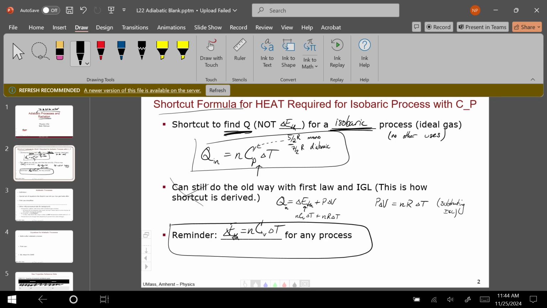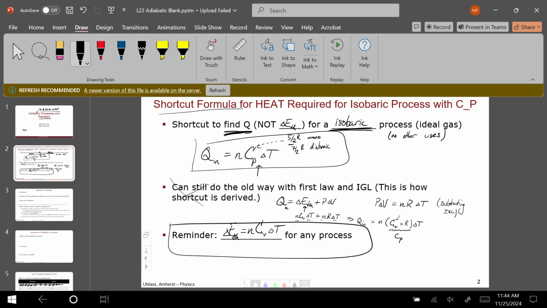So if I factor out N delta T from both these terms, I get that Qin is N and then CV plus another factor of R delta T, and then this is CP. Right, so for an ideal monoatomic gas, CV was 3 halves R, and then I add on another R to get 5 halves R for the value of CP.